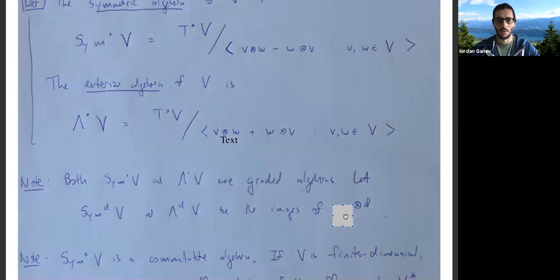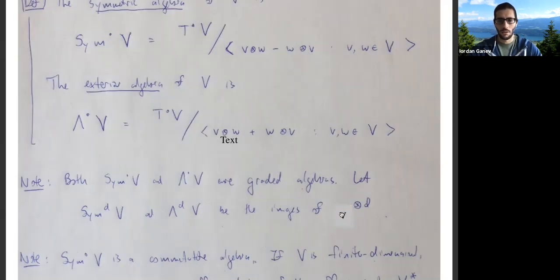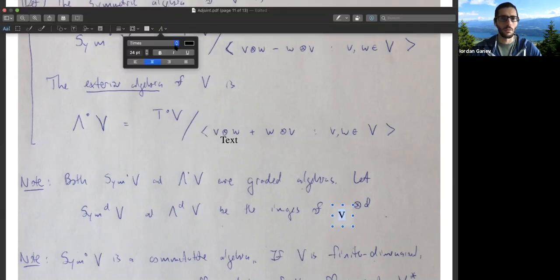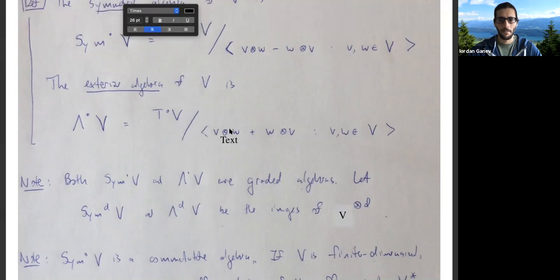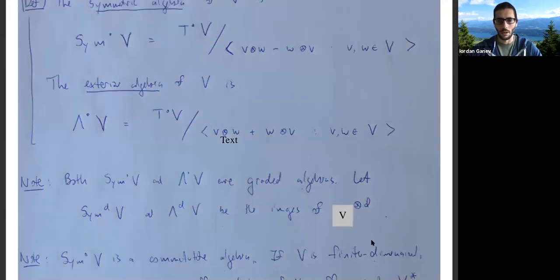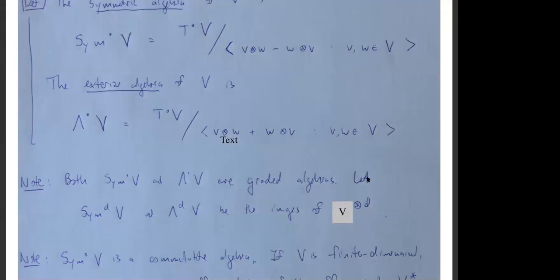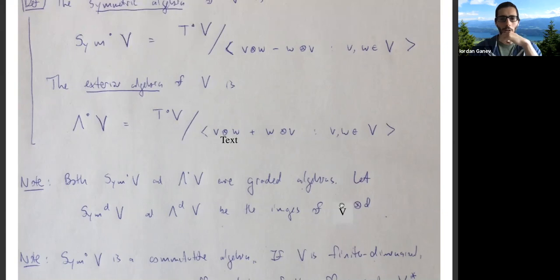So this is capital V. I don't know if I can increase the size. You need to mark the V. Okay, I'll do it later. But this is a capital V.